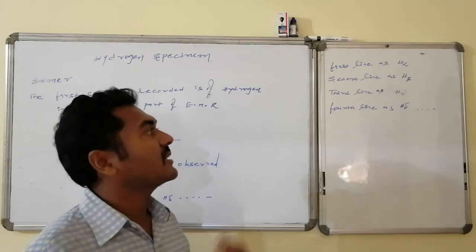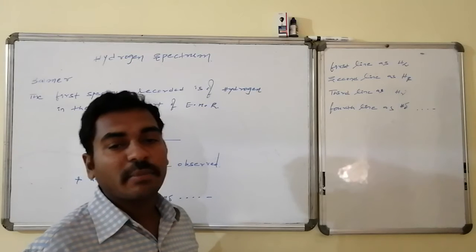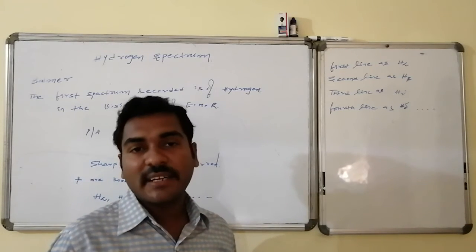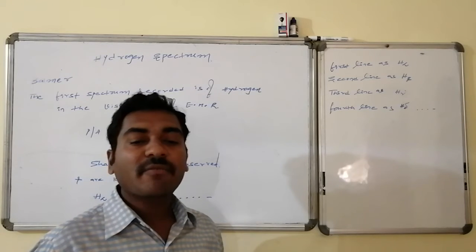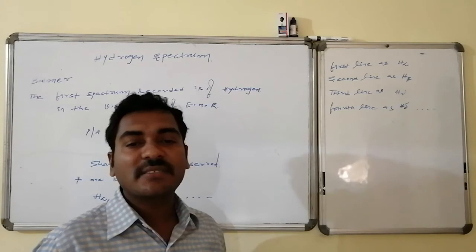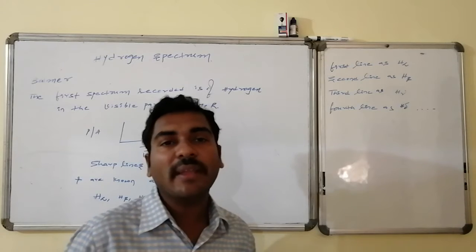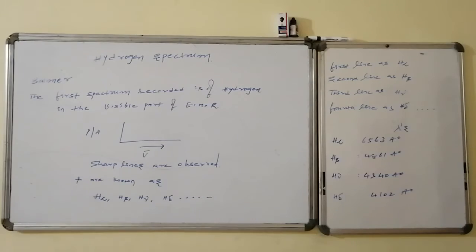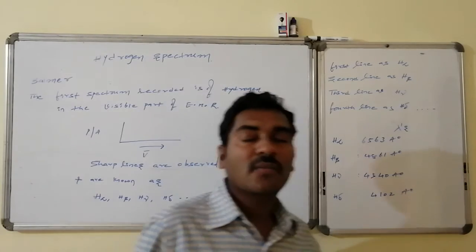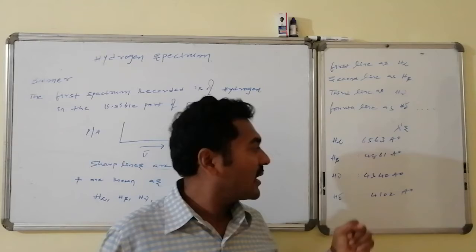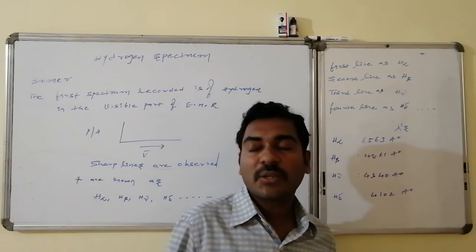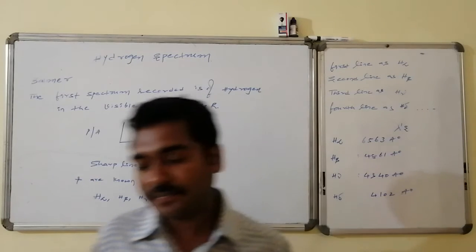The first line is H alpha, second is H beta, third is H gamma, fourth is H delta, etc. The corresponding wavelengths are found to be: H alpha 6563 Angstrom units, H beta 4861 Angstrom units, H gamma 4340 Angstrom units, H delta 4102 Angstrom units, etc.